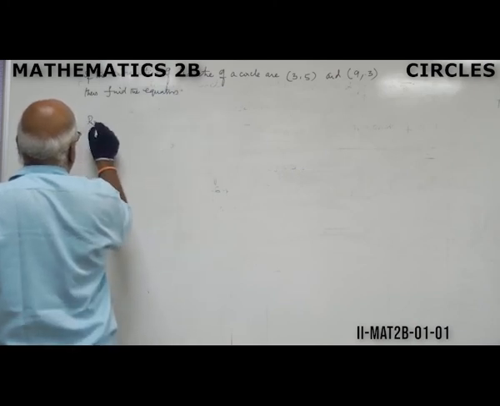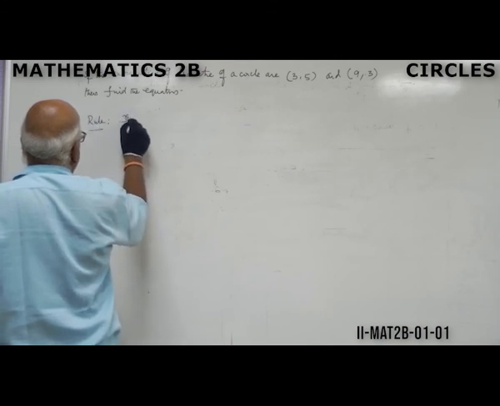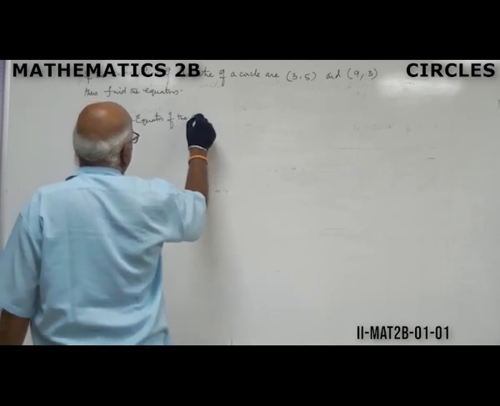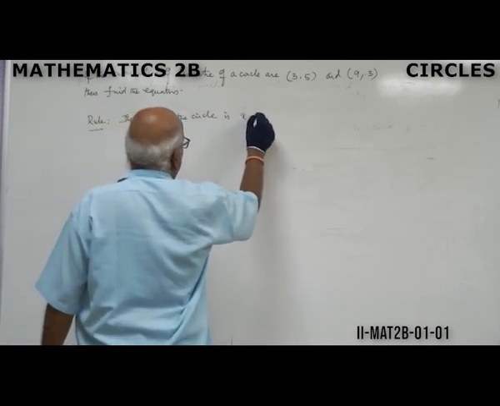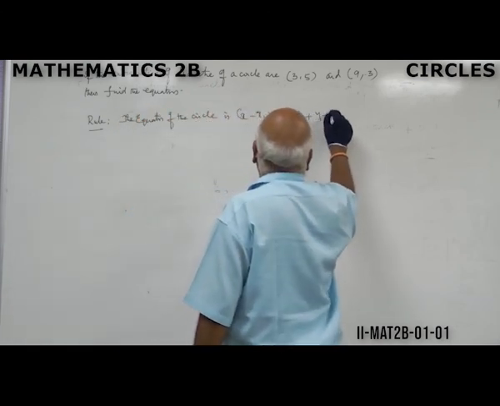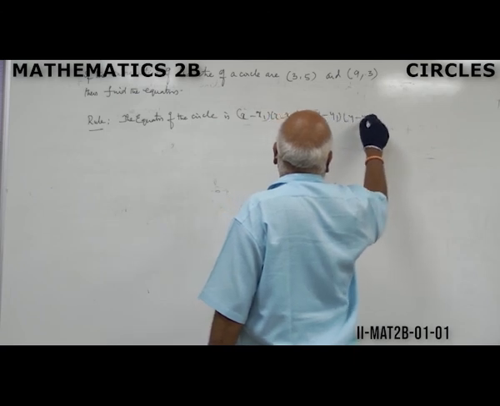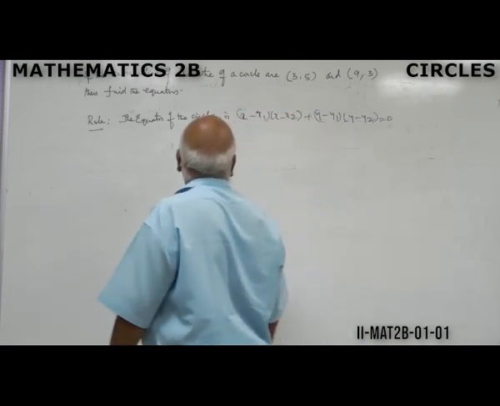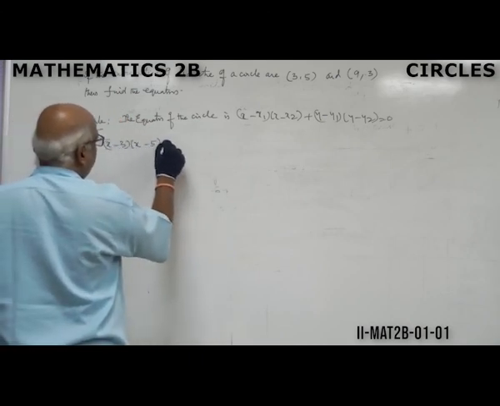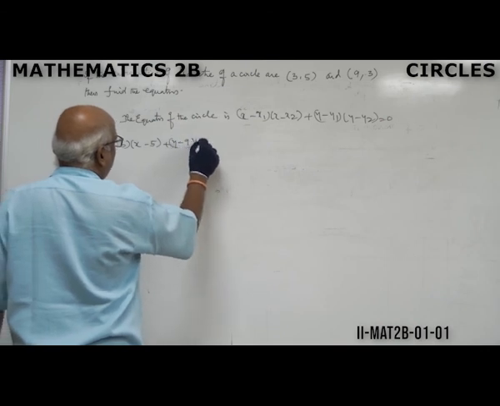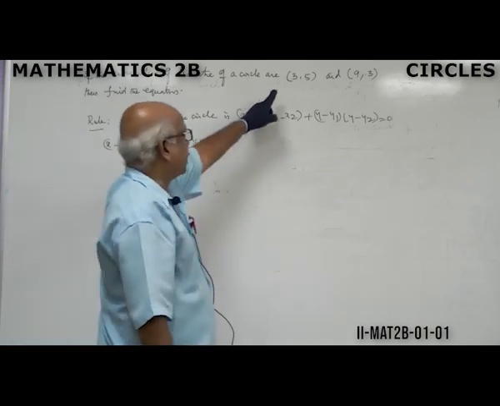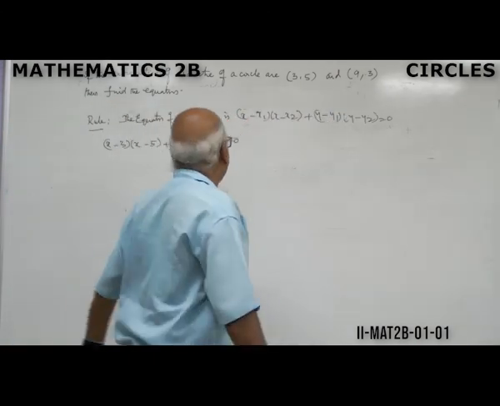What is the rule? The equation of the circle is (x minus x1) into (x minus x2) plus (y minus y1) into (y minus y2) equal to 0. (x minus 3) into (x minus 9) plus (y minus 5) into (y minus 3) equal to 0. Because in the place of x1, y1 I wrote 3, 5, and x2, y2 I wrote 9, 3.